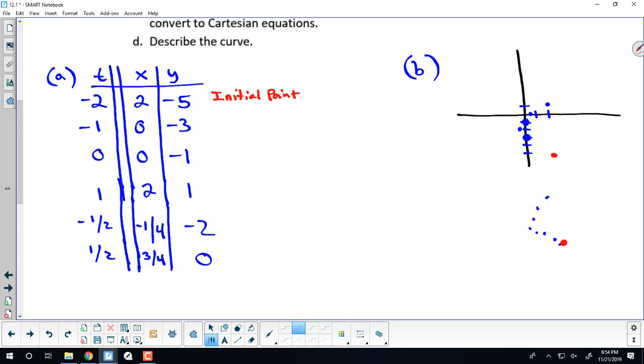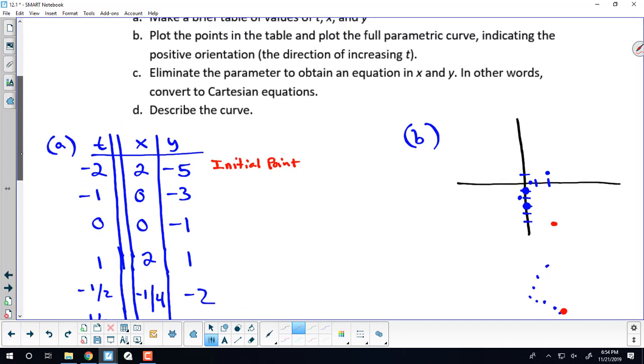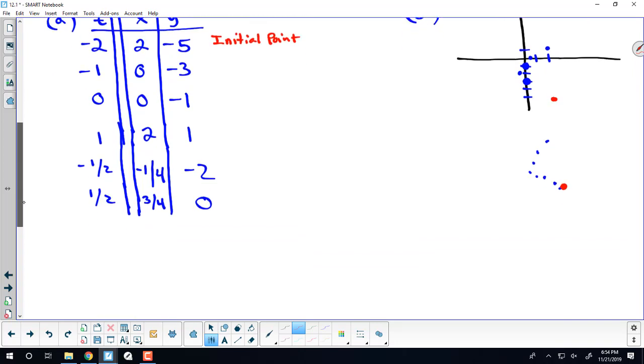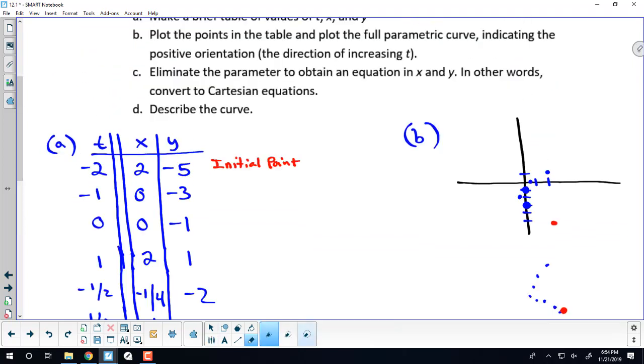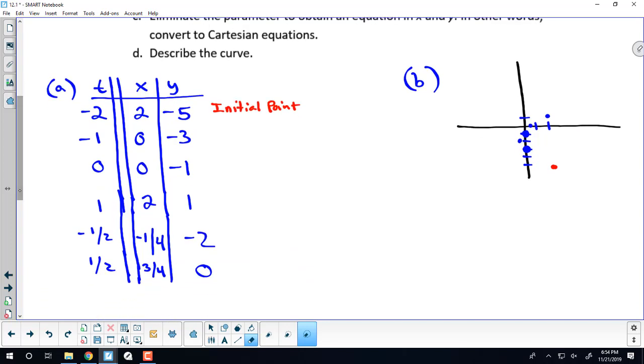Still maybe plot more points, or that's why we have part C, eliminate a parameter, so we can determine what this looks like in terms of x or y. So we'll stop there with the graph because I think it's kind of redundant at this point. But we know where we start at this red point, and we stopped here when t was positive 1.